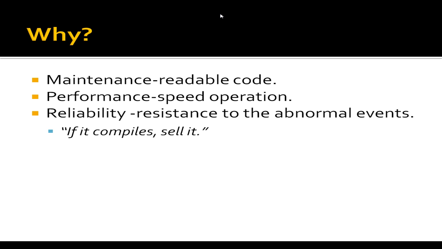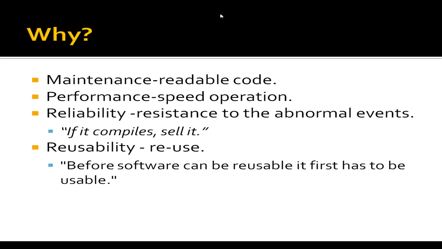Why do we require coding standards and best practices? There are four elements which support prolonging the life cycle of a software product: maintenance, performance, reliability, reusability. The more readable the source code is, the easier it is for someone to maintain that code. Following a consistent style allows other developers to step in and help with maintenance or new development on the code.